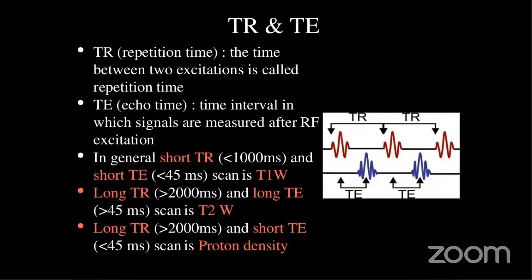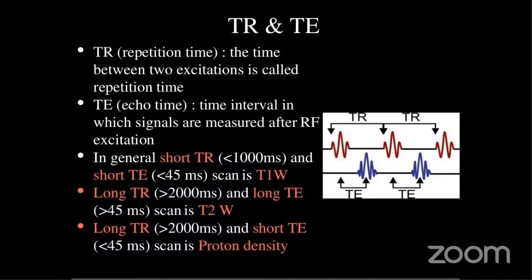T1 has short TR, short TE. Remember that. T2 is long TR, long TE. The range is around 1000 and 45 for T1, and 2000 and more and more than 45 for T2. Just remember these two conventional sequences. Any other sequences that we have made, we build upon these two conventional sequences.